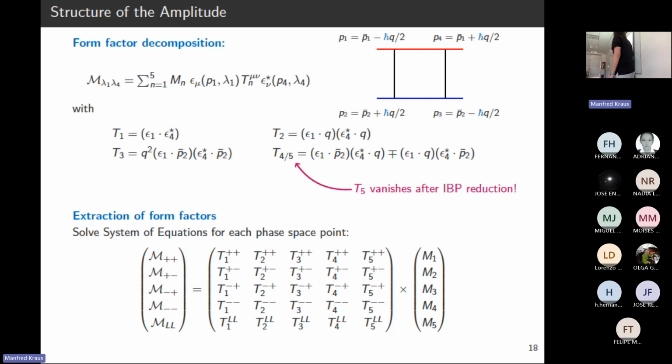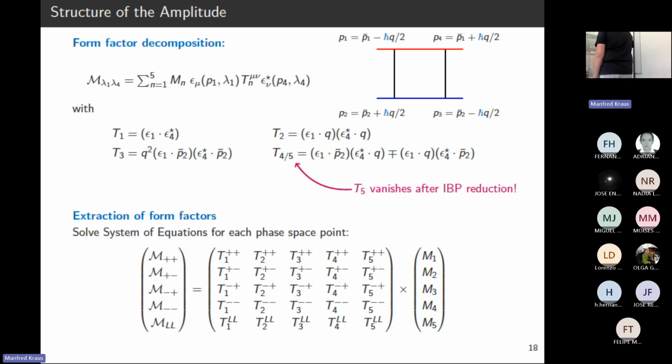So the only thing that you can write down are these four things here. Okay, we are not going into details here, but the fifth one here with the plus sign vanishes after doing all of this stuff. So you have four spin-dependent tensors that you have to take care of.